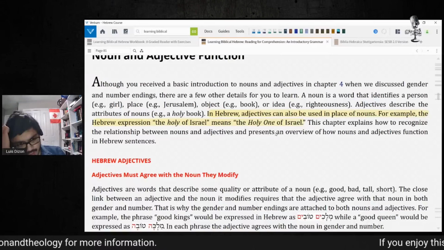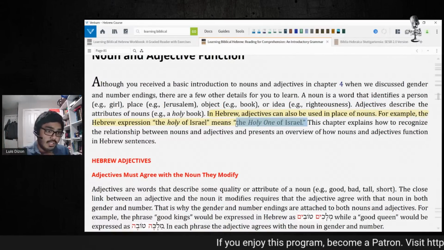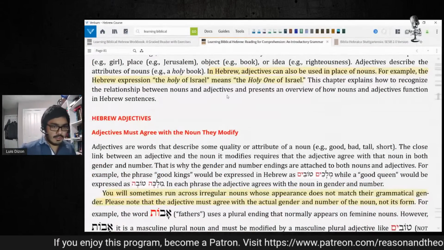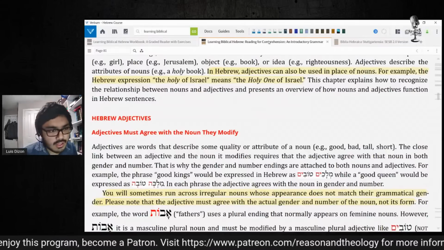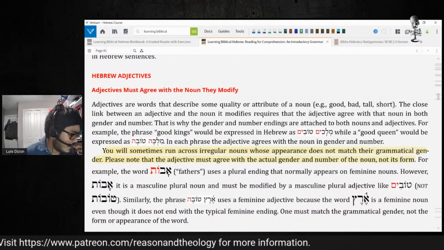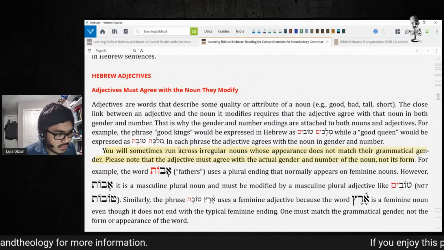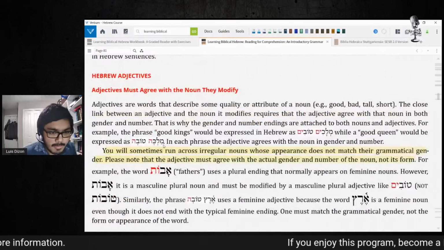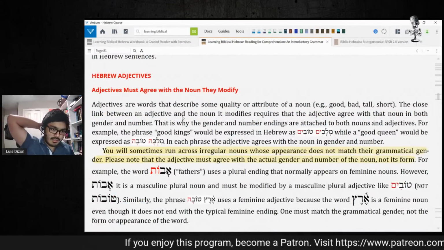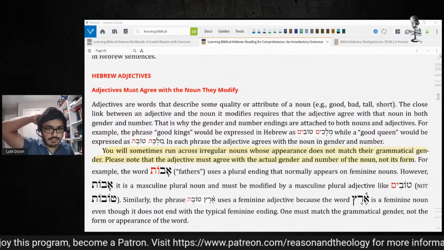So HaKadosh Yisrael would more properly be translated as the Holy One of Israel. You'll run into a lot of that as you read Hebrew. Adjectives in Hebrew are conjugated just like nouns, and as a rule, adjectives must always agree with the number and the gender of the nouns that they are modifying.